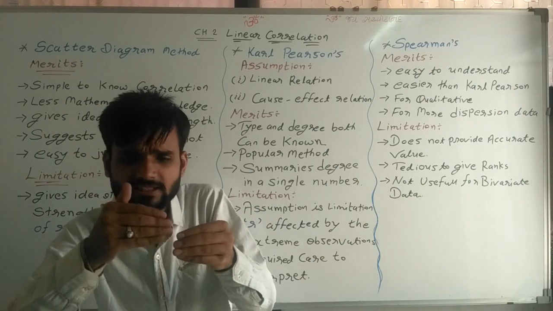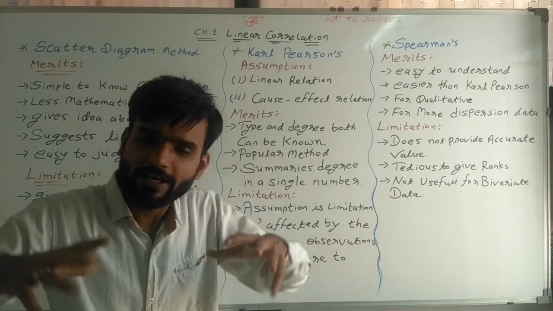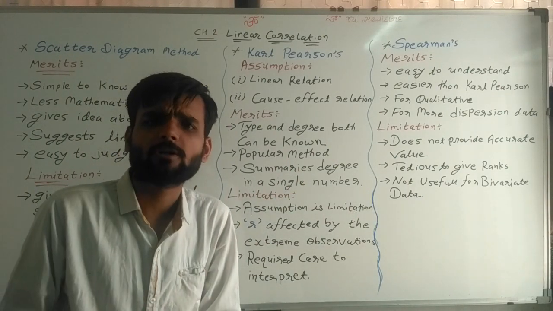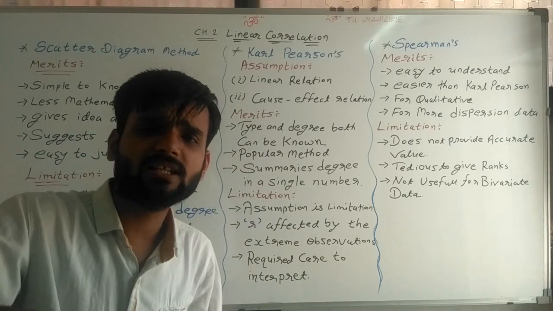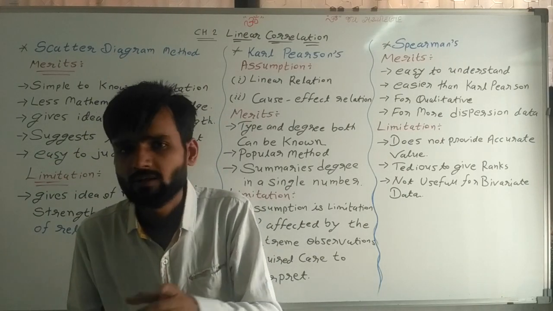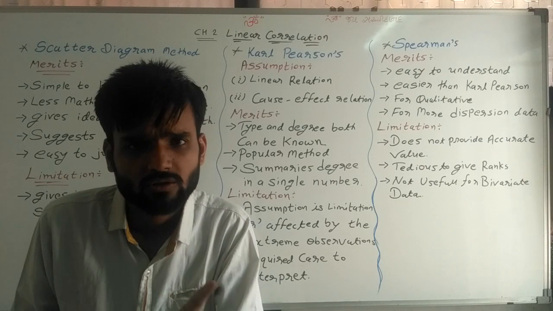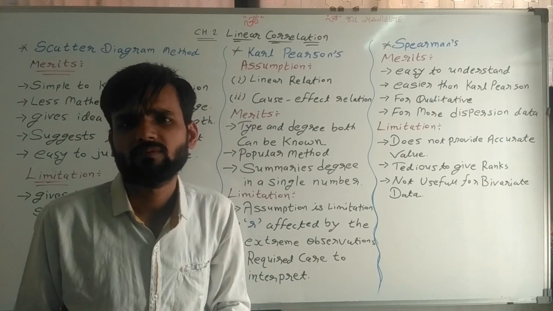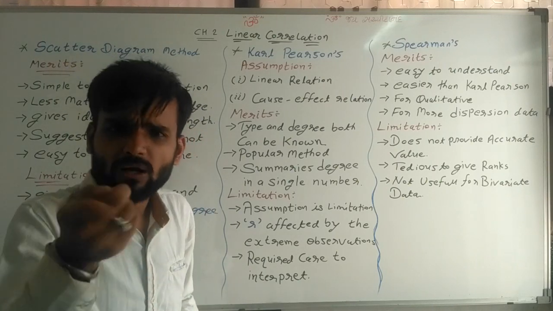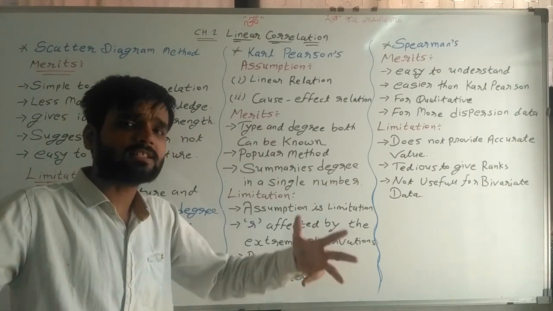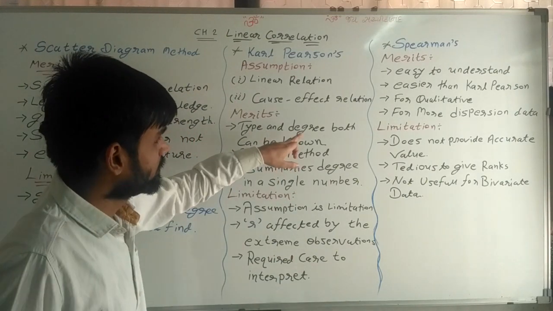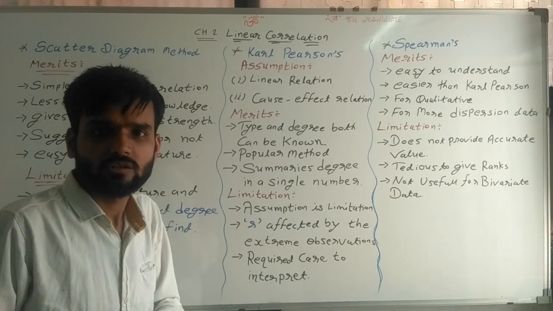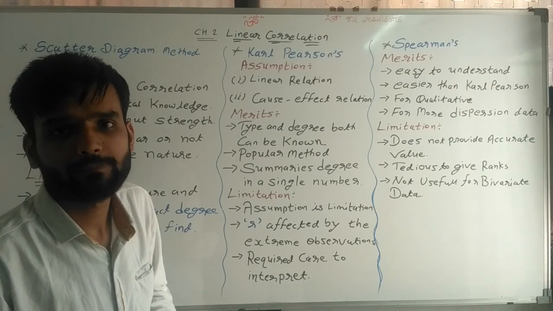If our answer is nearer to 1, very much closer. Nearer to -1, very much closer. But if our answer is nearer to 0, then there is no relation, or somewhat less relation between them. But if answer is nearer to 1, then highly attached variables are there.